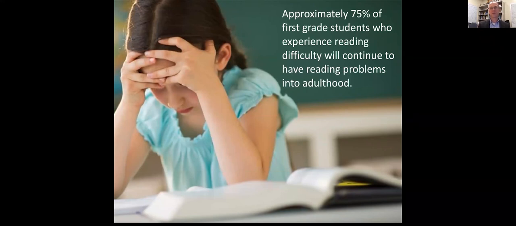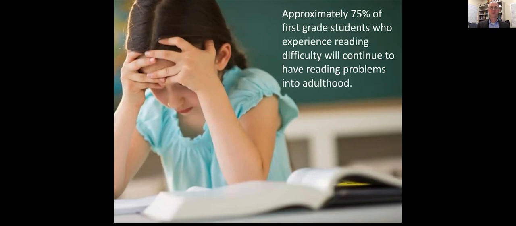This is the beautiful thing about reading comprehension. Once we understand that it's a language construct, then we recognize that we can actually measure it and treat it at very early ages, preschool, kindergarten, and so forth.